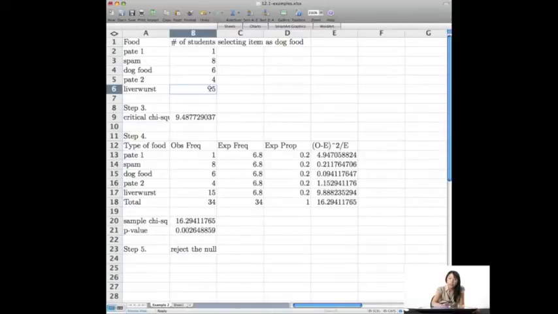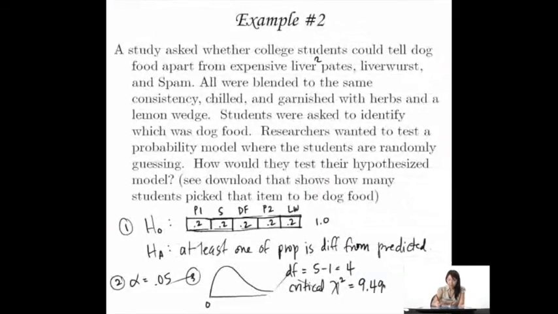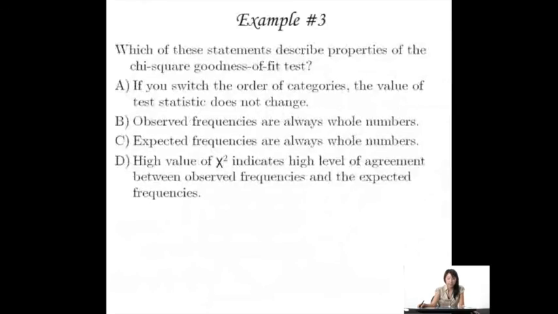So once you reject the null, there are post hoc tests that you could do, but we're not going to cover those here. All right, so it seems that students are not randomly guessing. They actually have a preference for something as being dog food. My guess is liverwurst. I don't even know what that is.